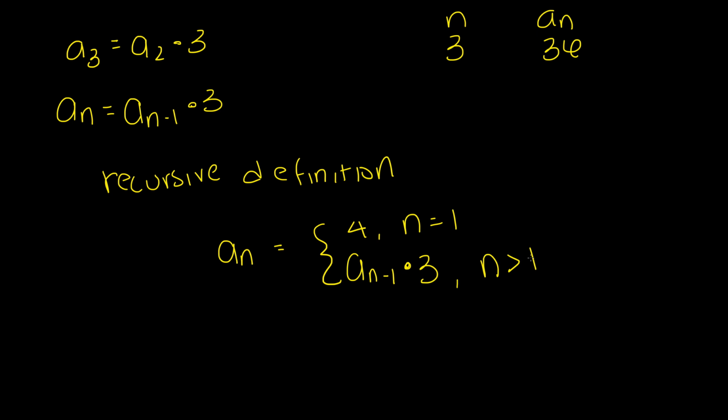Now we can use the fact that we started with 4 to start determining our data as we go along. 4 is the first term, n is the term number, 3 is my common ratio, and the preceding term, a sub n minus 1, multiplied by the common ratio, is used to find the next term in the sequence, a sub n.